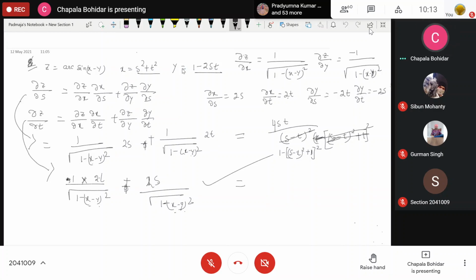Okay. Then this one. On the numerator it is same, I think. 4st. I think I'll get the same value.